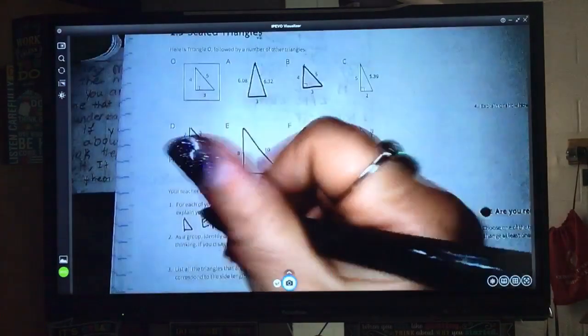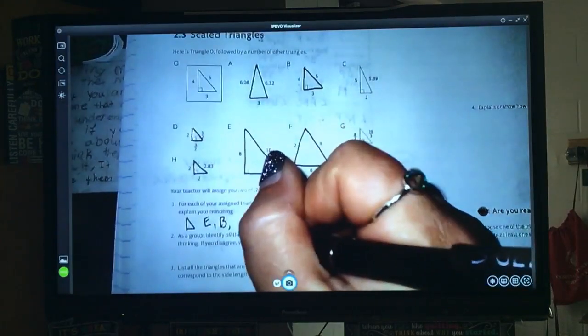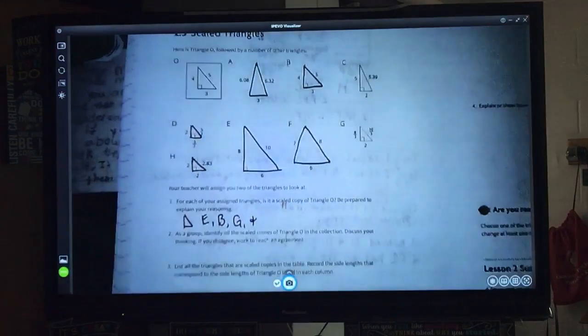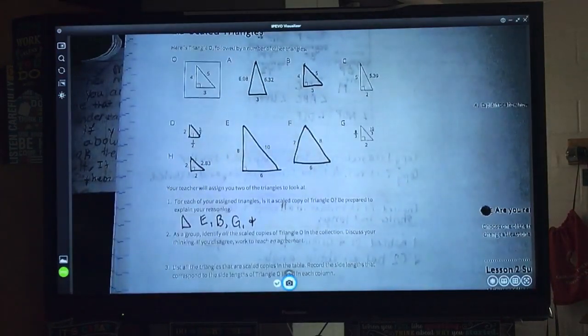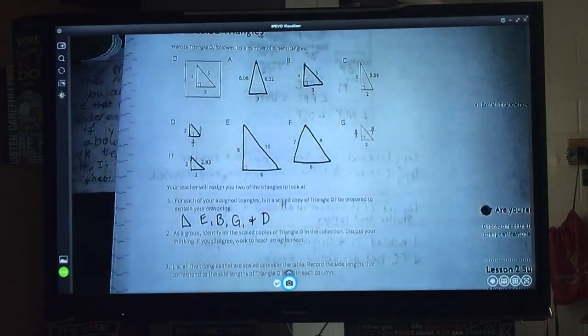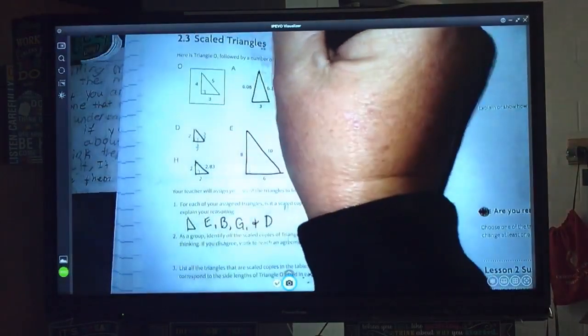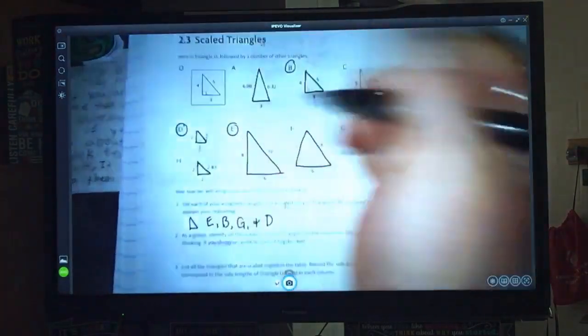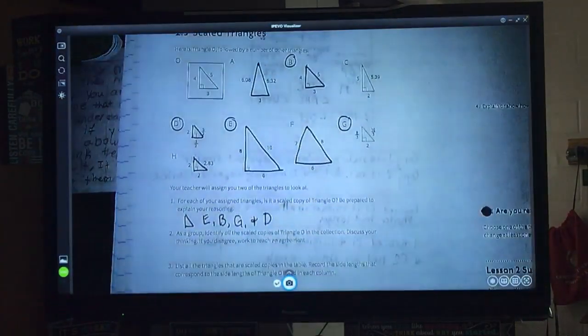No. Ethan? G. And for my D and H people, was there a scale copy there? Christian? Yes. D, yes. So, the ones that are scale copies of the original are B, D, E, and G.